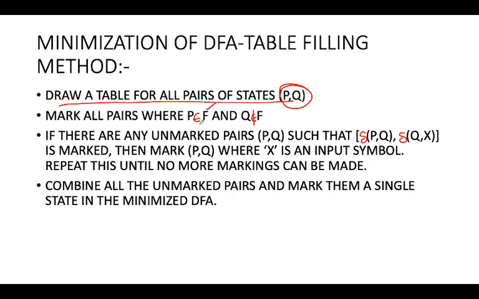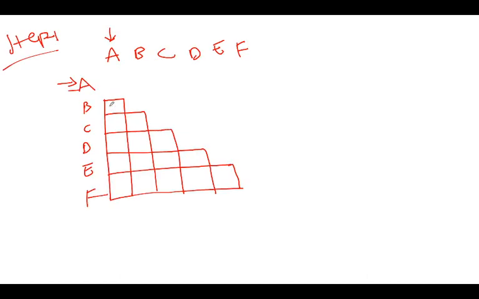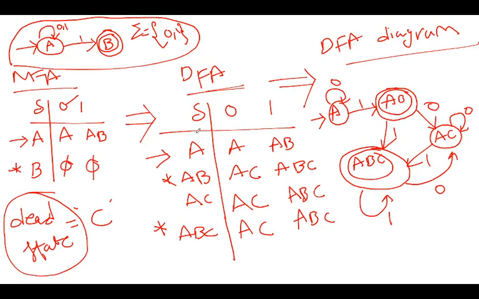Our condition is that one of the pair is a final state and the other is not, so we don't mark here. Now A and C: A is a non-final state and C is a final state, so we can mark it.